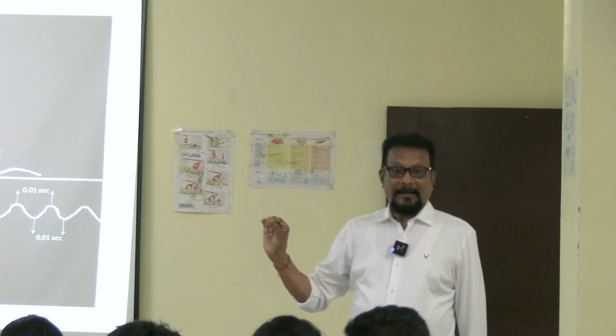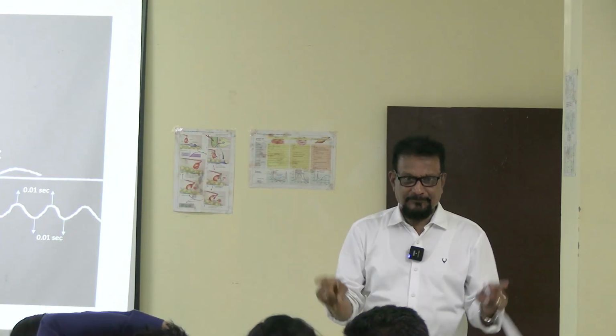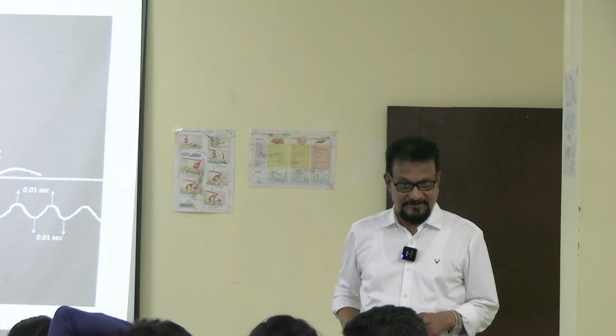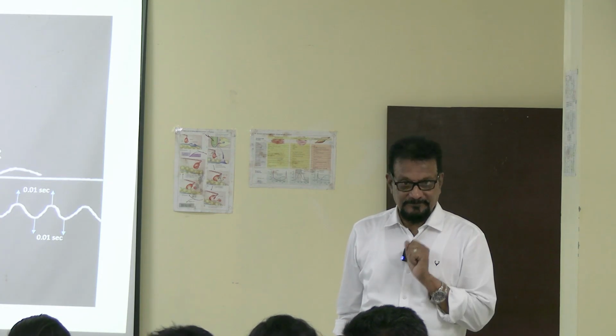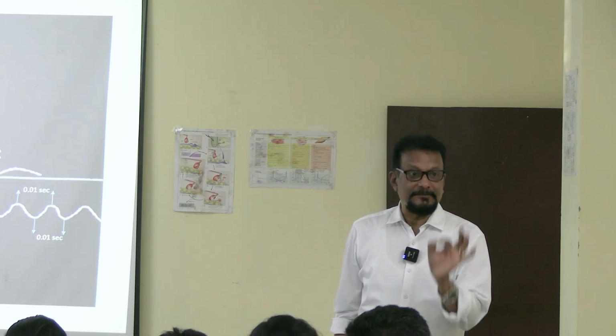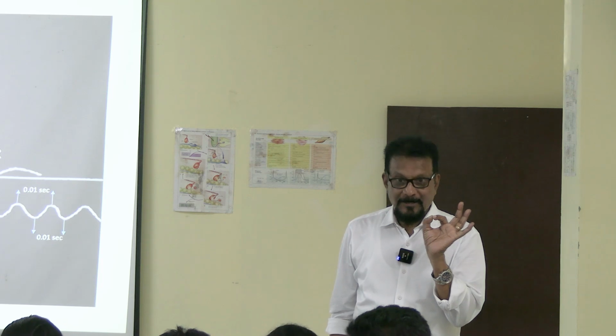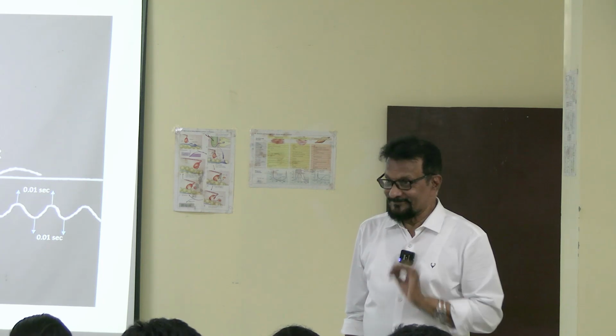So you have to tell, seeing this graph during your exam, only the graph you will have, then there will be some question. What is this graph? So you will write, it is a simple muscle twitch of the gastrocnemius muscle of frog.